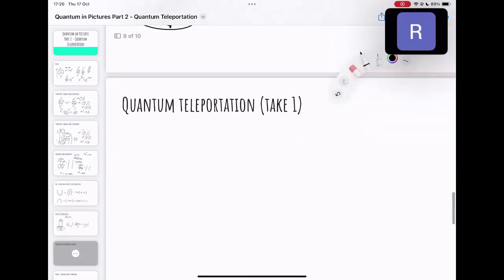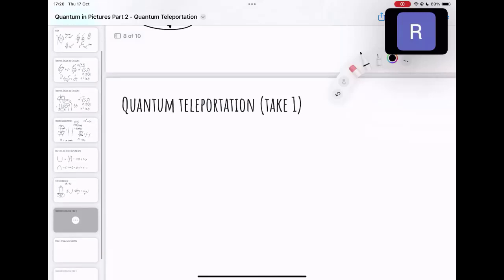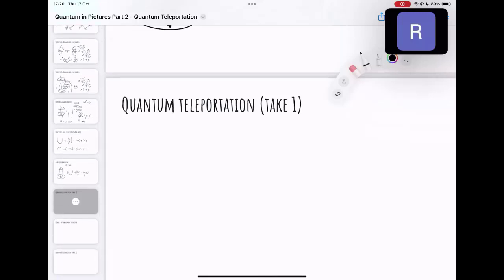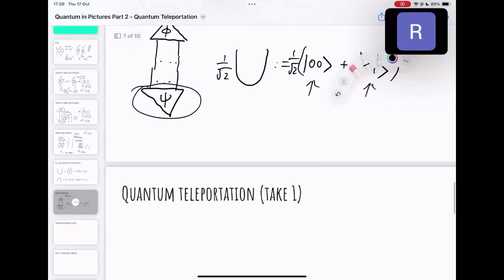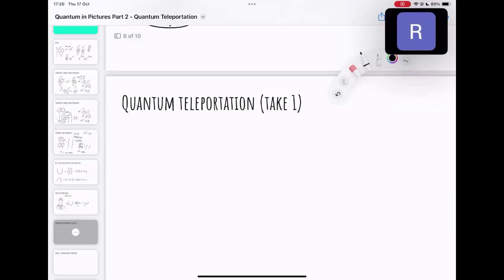Okay, so I think we now have enough background to start talking about quantum teleportation. So how does quantum teleportation work? I'm going to draw this with a dotted line so it doesn't crowd the screen.